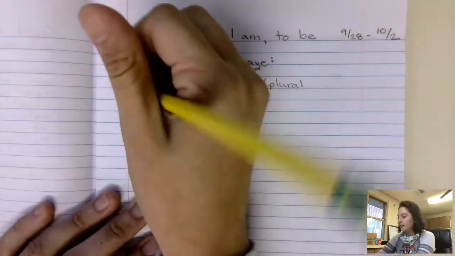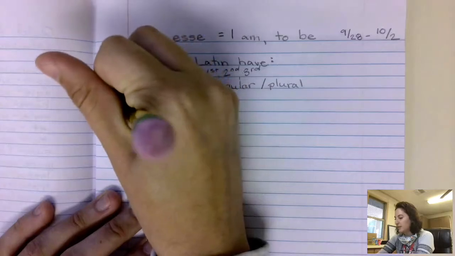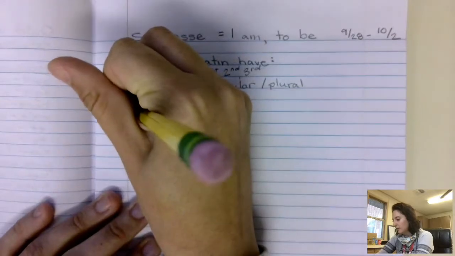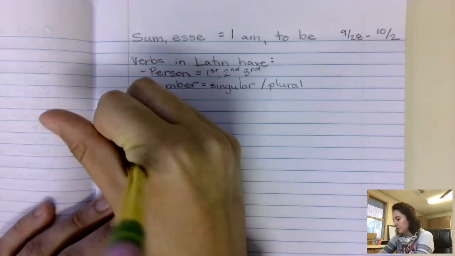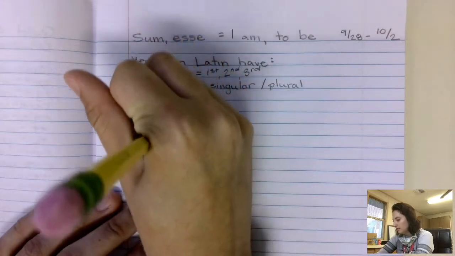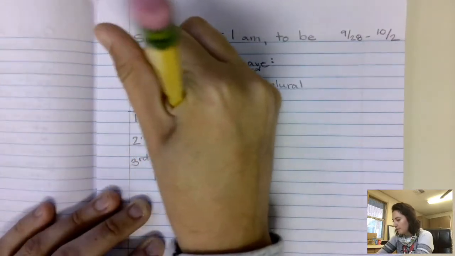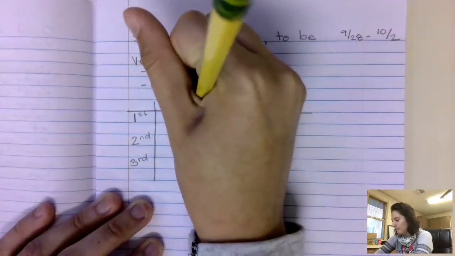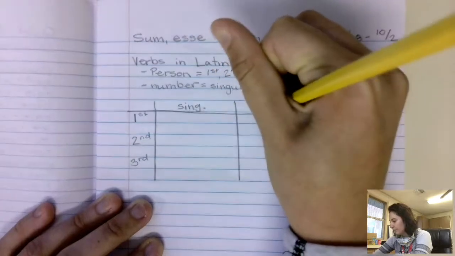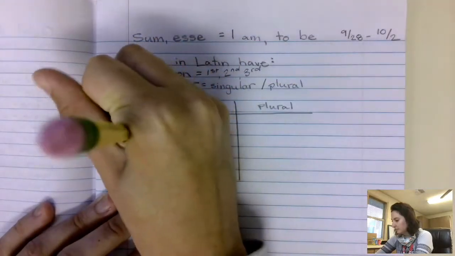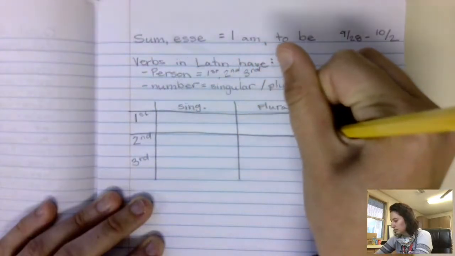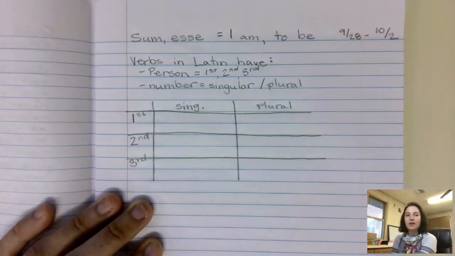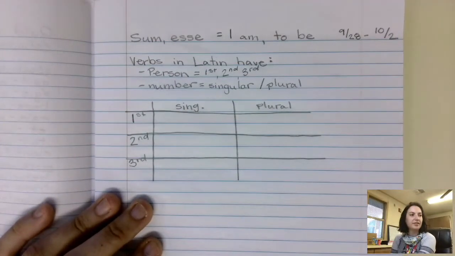Alright, next we are going to conjugate a verb. So we can have person, first, second, or third. Alright, we are going to do this in English first.